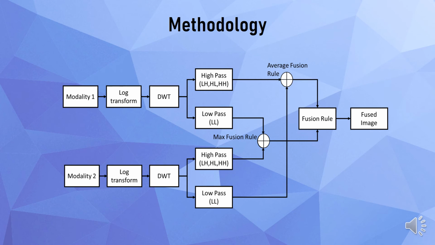Then after that, we go into the fusion rule. We can use a few fusion rules in this case. For this particular project, we use the average and the max fusion rule. Then we go into the inverse DWT and inverse log in order to get the fused image.